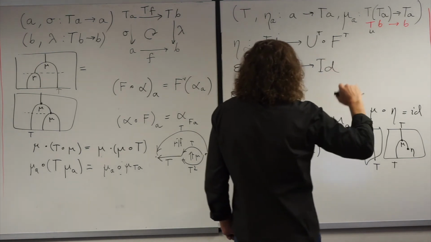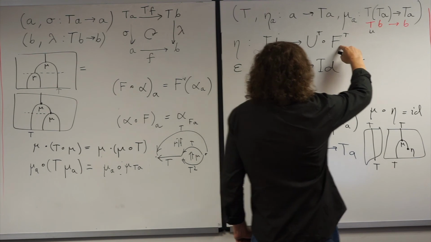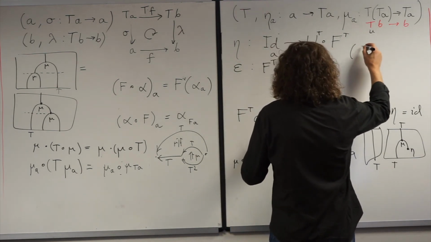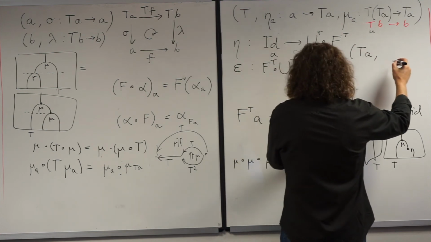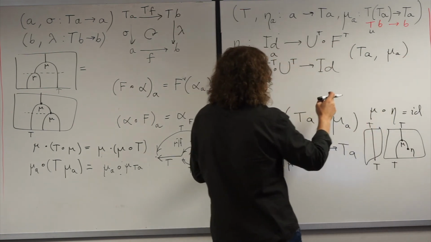On the right-hand side, what do we want? Acting on some object A, the free functor was supposed to give us TA, mu A. That's how I defined F.